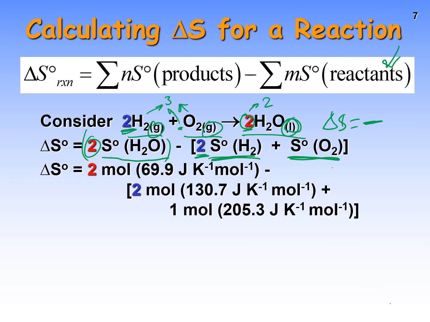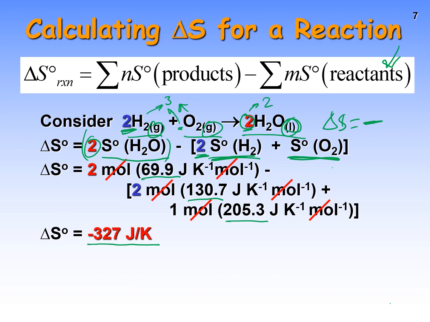If we look these values up, the S naught for H2O liquid is 69.9, the S naught for H2 is 130.7, and the S naught for O2 is 205.3. If we add it all up, we get S naught of negative 327 joules per Kelvin.